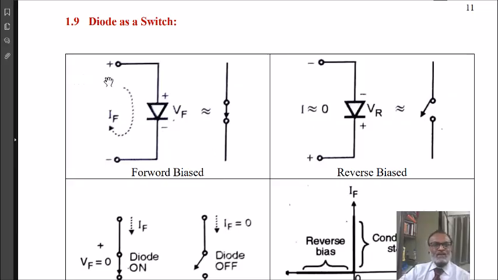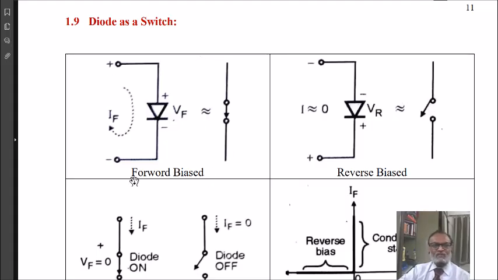In a diode also, when anode is positive with respect to cathode, that is in forward bias, this diode conducts the current, whereas when reverse bias is applied, the diode acts as an open circuit and therefore no current flows through. That is similar to a switch which is acting as an open circuit.